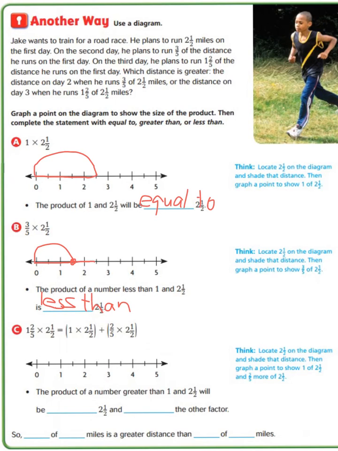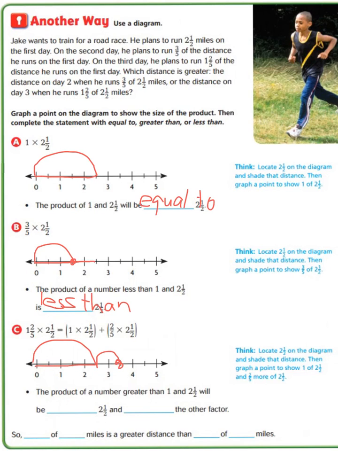And let's take a look at our last one. It says 1 2/5 times 2.5. And keep in mind, with the distributive property, we can do 1 times 2.5 plus 2/5 times 2.5. So let's plot that out on our number line. So let's go over to our 2.5. Now we have to make our jumps. So we have one whole jump that we need to make, which takes us to there, and now we have 2/5 of a jump left to make, which is going to take us to here.